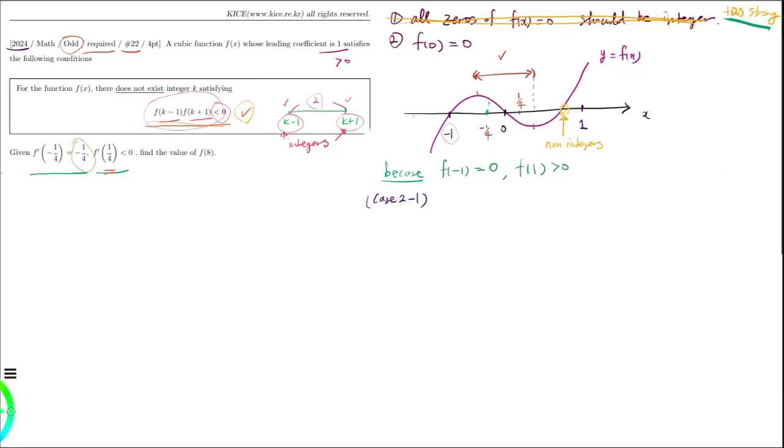You can check this, because the partner for -1 is -3 or 1, but as long as f of -1 is 0, f of -1 times f of 3, or f of -1 times f of 1, is always 0, so their multiplication is not negative.